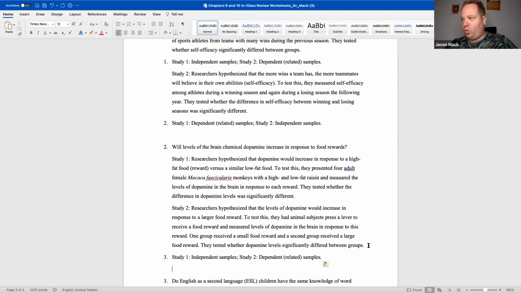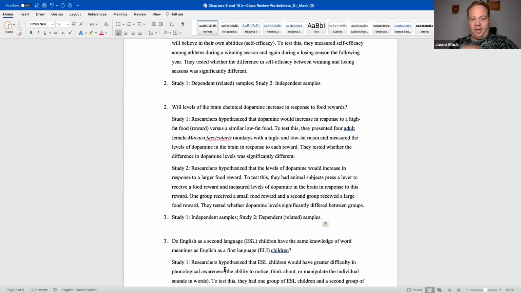One group received a small food reward, and a second group received a large food reward, and they tested whether dopamine levels differ significantly between groups. So because we're comparing separate groups, this one up here is the related samples study, and study 2 is your independent sample study.